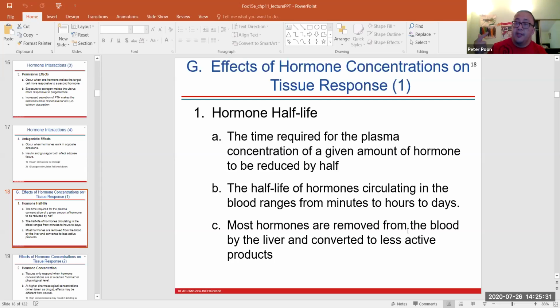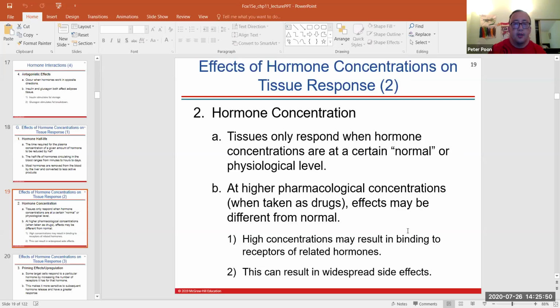But you need a signal to go away very quickly, usually. So you have a half-life. The half-life is the time required to lower the concentration in half. Not disappear, but in half.